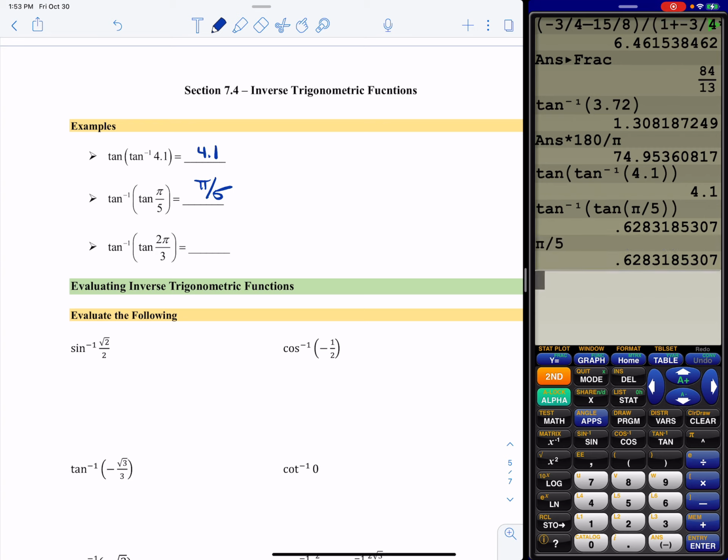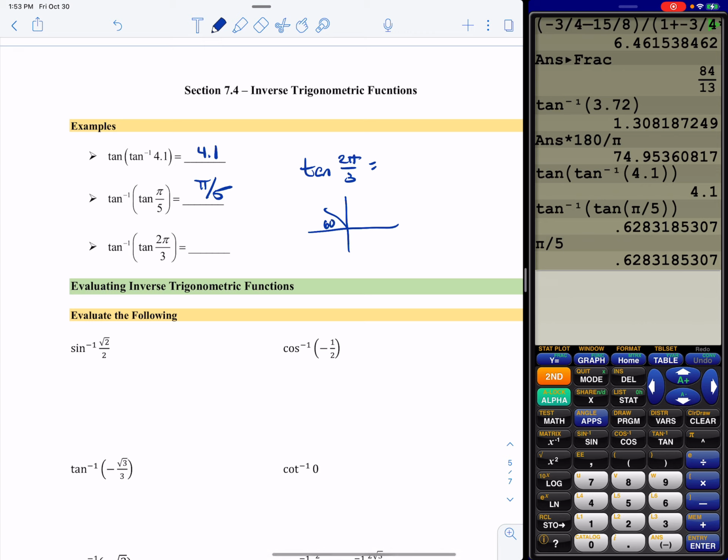Now, as far as tan inverse of tangent of 2 pi over 3 goes, we're not going to get 2 pi over 3 because that is not on the interval negative pi over 2 to pi over 2. So what do we do there? Well, we could work it out by hand if we want to. Notice that the tangent of 2 pi over 3, well, let's see, that's a second quadrant angle.